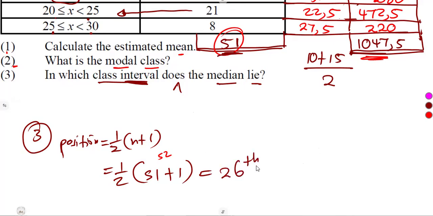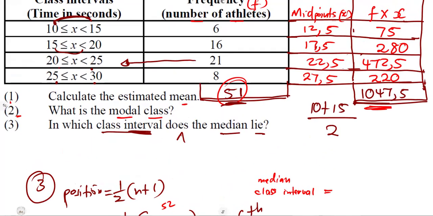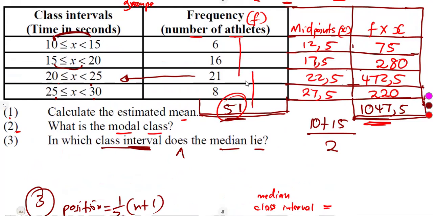So that's the 26th position. This is the position that will help us determine the class interval. So in this case, the median class interval will be where we have the 26th value, counting from any direction, whether from the top going down or from the bottom going up.